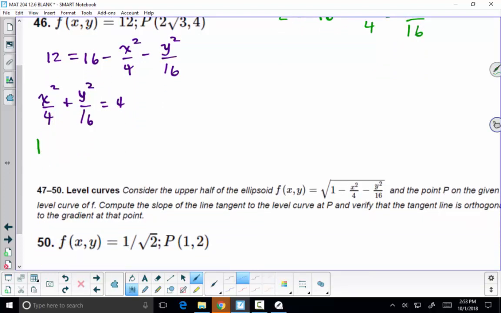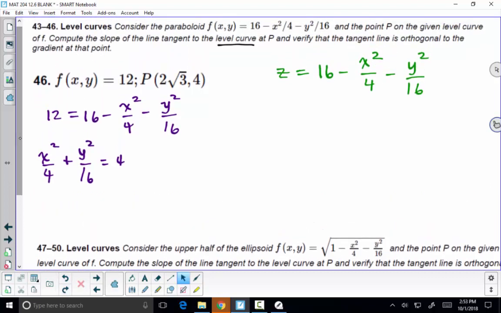We can say, let's define a function. What we did last time was that we defined a capital F, and then we used minus f sub x over f sub y.